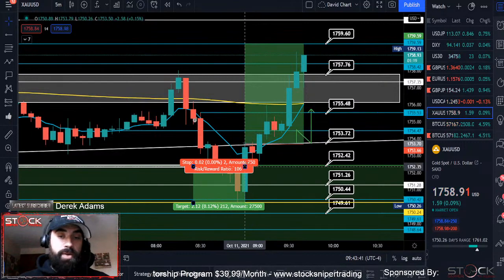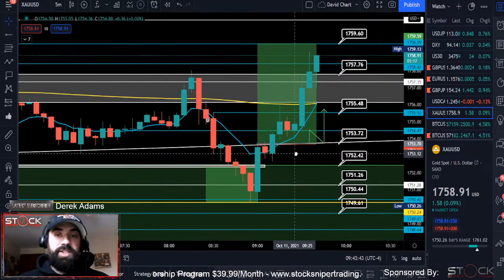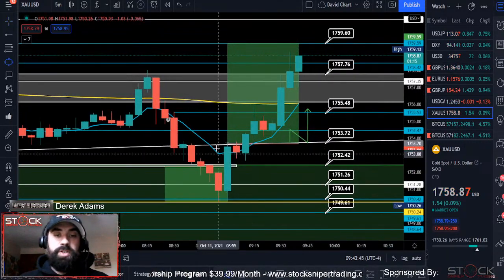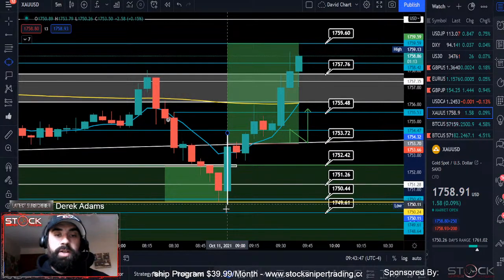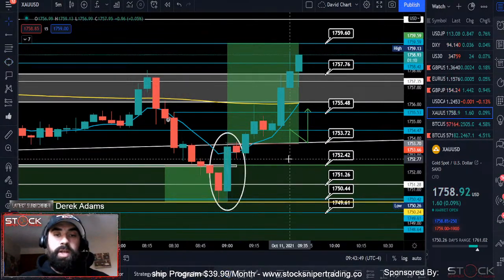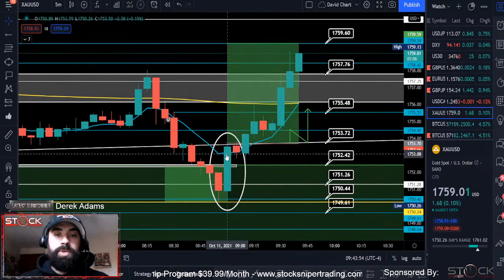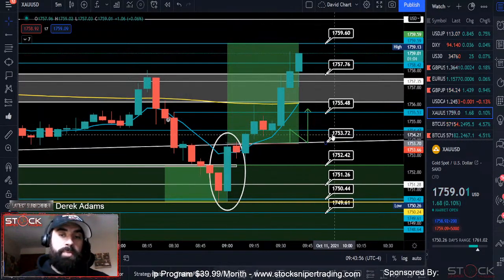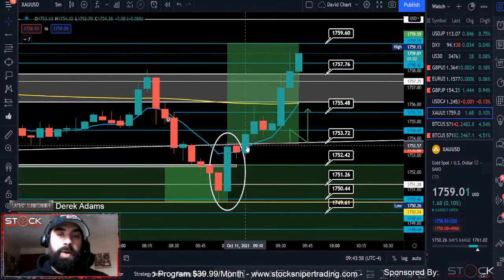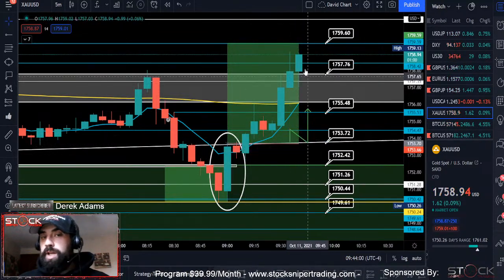Now we got in that bullish engulfing candlestick, guys. Right here is your bullish engulfing candlestick. It bounced off, completely engulfed this previous candle, and now it's just starting that overall uptrend. As soon as I saw this, right above 1753 was the overall 4-hour uptrend. Put in an entry, ride it up.